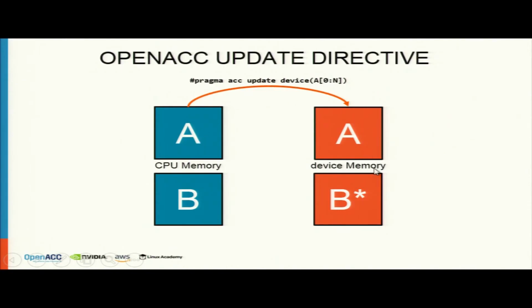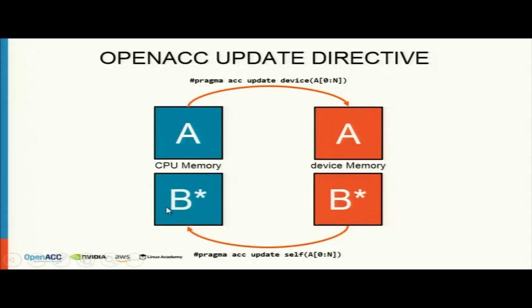Somewhere in between, if you feel that data needs to be transferred, you can say #pragma acc update device and it will get updated on the device. If you are updating the host, then you can say #pragma acc update self and it will update from GPU memory to the CPU memory.